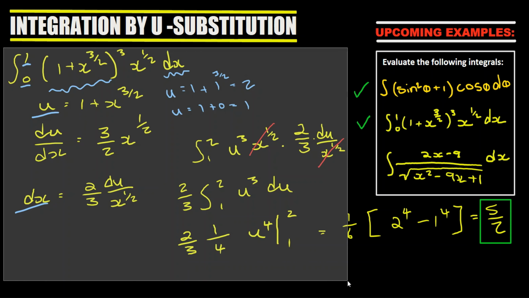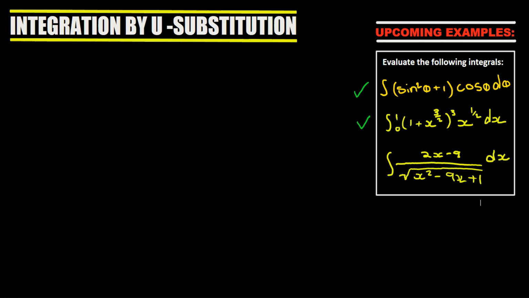Let's move on to our third example, which is the integral of a fraction where we have 2x minus 9 over the root of x squared minus 9x plus 1, multiplied by dx.